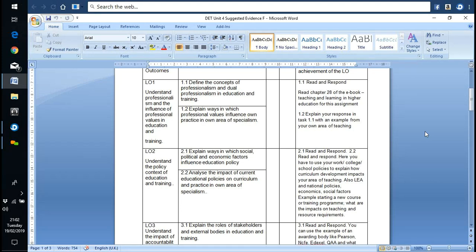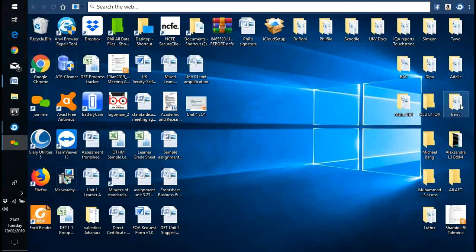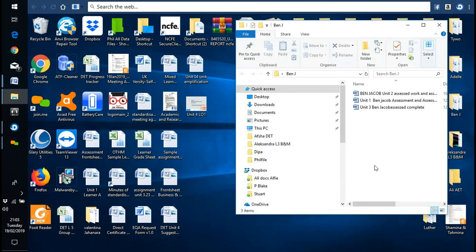I've sent my first two over to you, haven't I? I've not looked at them yet, have I? When did I get those? Last week? Oh, right. Well, in that case, I should have sent them back. Let me make sure I've got them. Unit 3, Unit 1. I've not got anything for Unit 4.